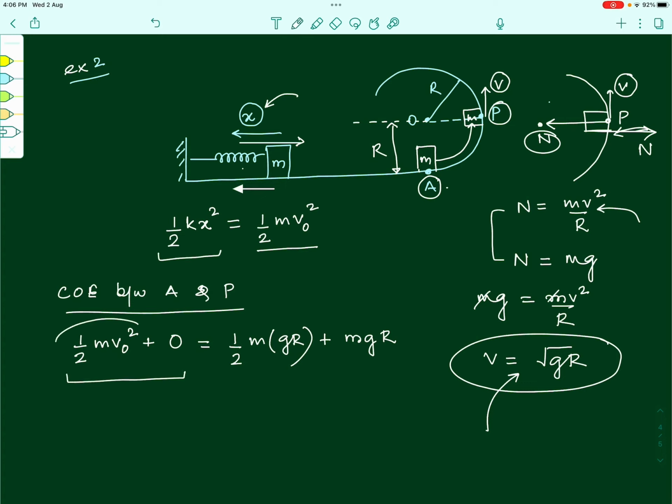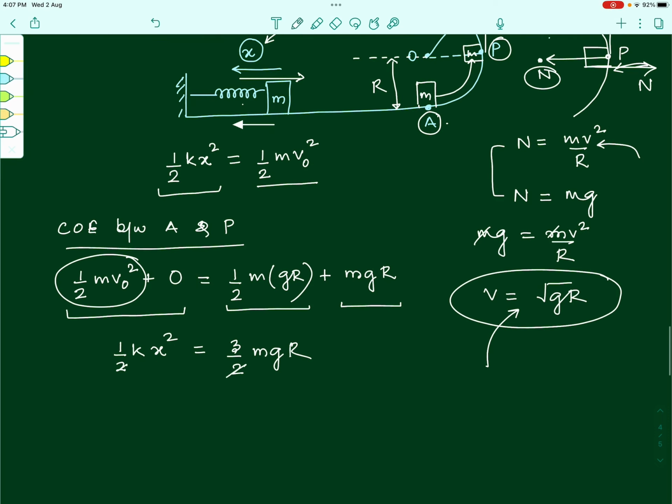So, instead of half mv naught squared, I can put half kx squared is equal to, on the right hand side we have half mgr plus mgr, that will be 3 by 2 mgr, and now we can solve this. So, 2 goes away and we get x squared is equal to 3 mgr by k, and so x will be equal to square root of 3 mgr by k.